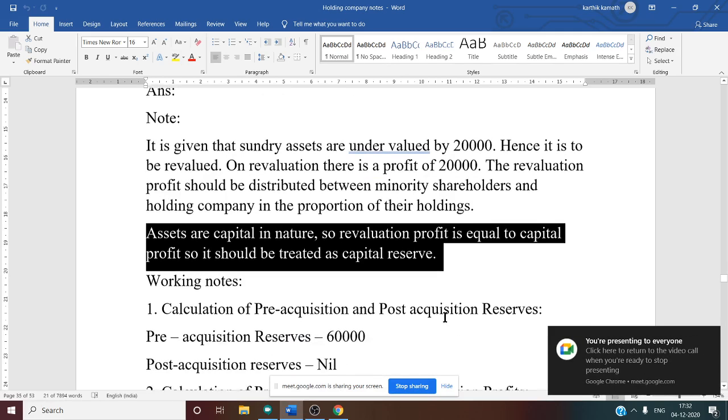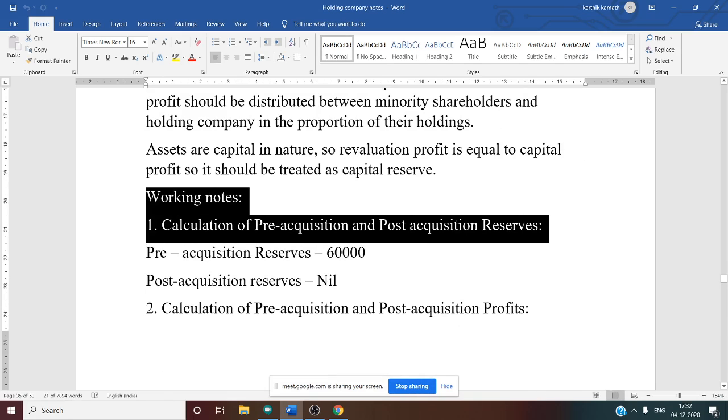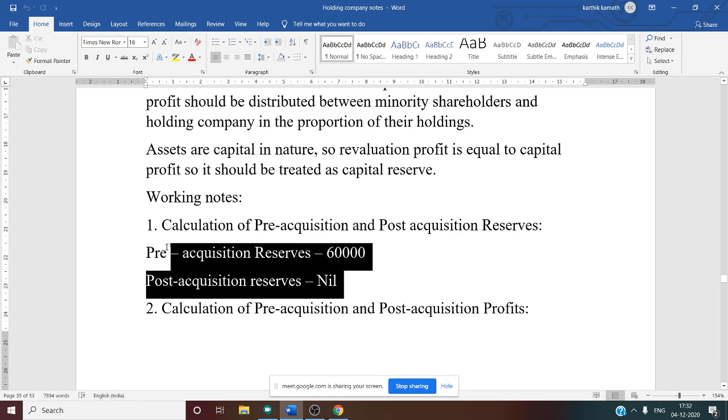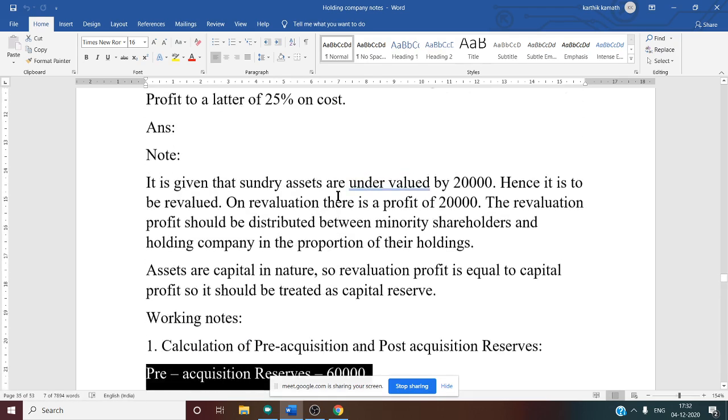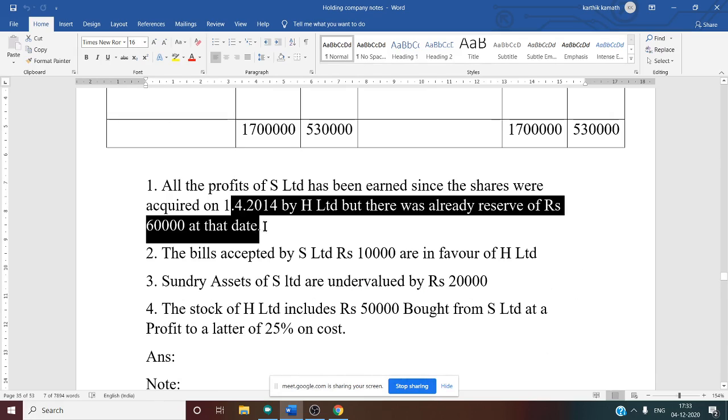Yes. So now the working notes we have to do like we did in the previous problems. First one, calculation of pre-acquisition and post-acquisition reserve. If you see the adjustment there, they have mentioned that there was already a reserve of 60,000 on that date. The acquisition date of the problem is 1/4/2014, that is the beginning of the financial year.